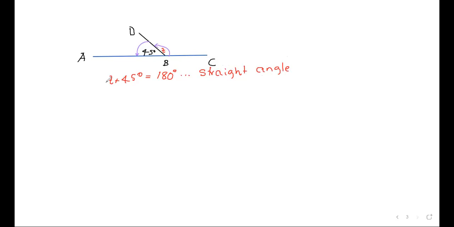Now, T and 45 degrees, the two angles are next to each other. That's why we sometimes say, the reason here we can say, because they are next to each other, you can say angle T plus 45 degrees is equal to 180.